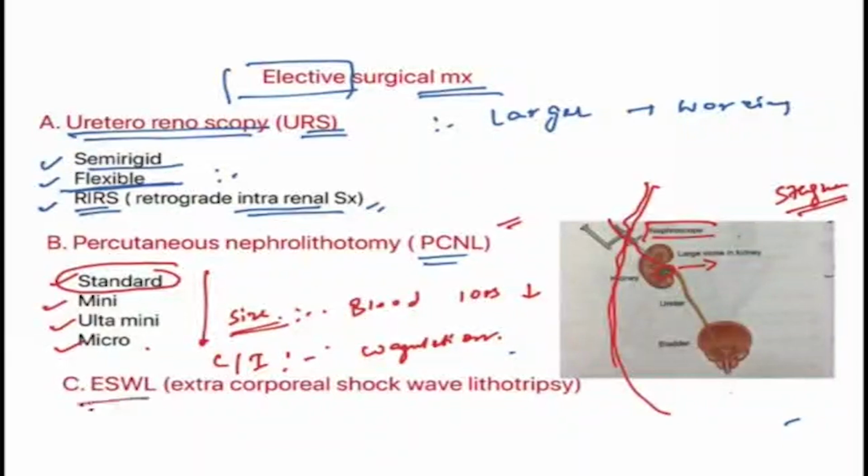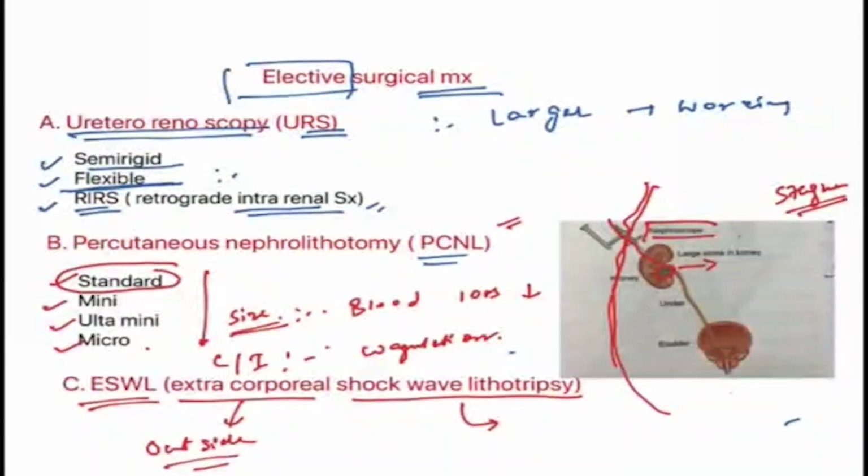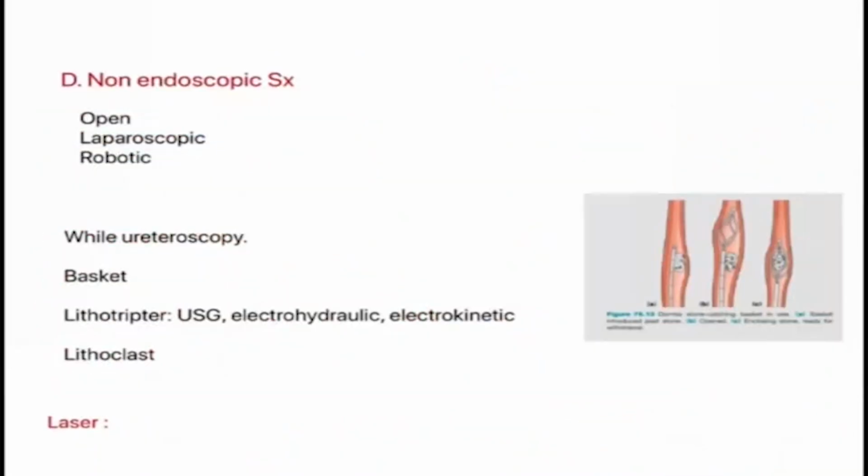ultra mini and micro. The third one is ESWL, that is extracorporeal shock wave lithotripsy. Extracorporeal means outside the body, and in shock wave lithotripsy, ultrasonic shock waves are given, and when these reach the stone, the stone is fragmented into multiple pieces and then they get out via urine.